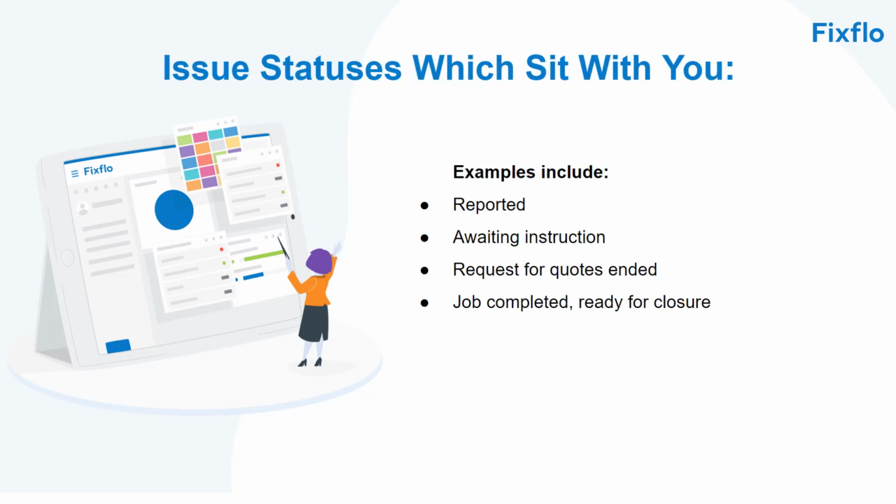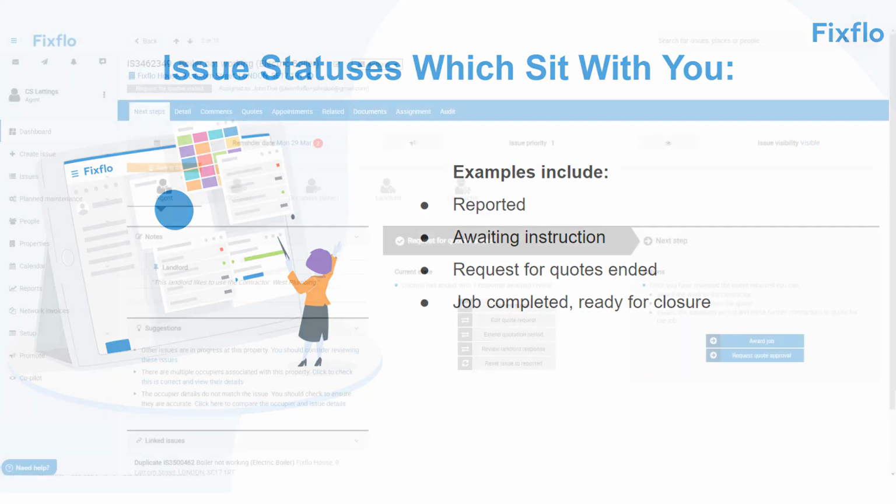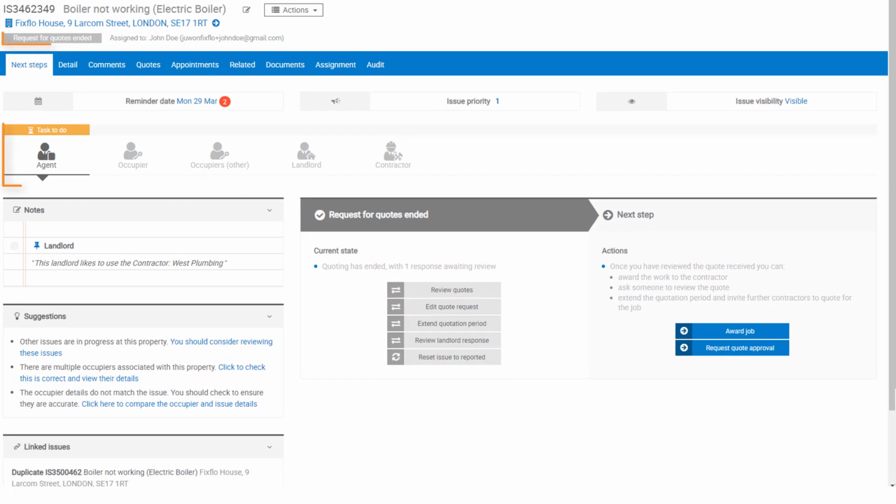Examples would include reported, awaiting instruction, request for quotes ended, and job completed ready for closure, just to name a few. All issues at these issue statuses will sit at your task to do, and this is displayed clearly within the Next Steps tab of the issue.